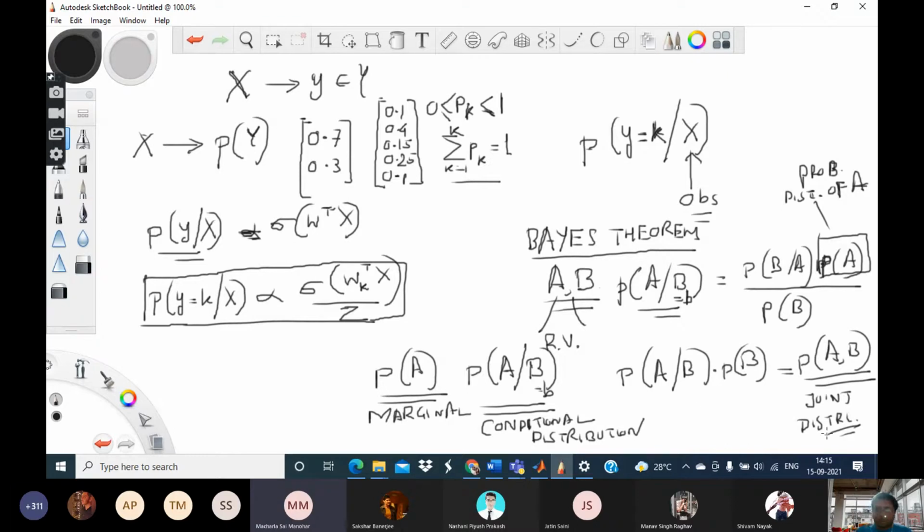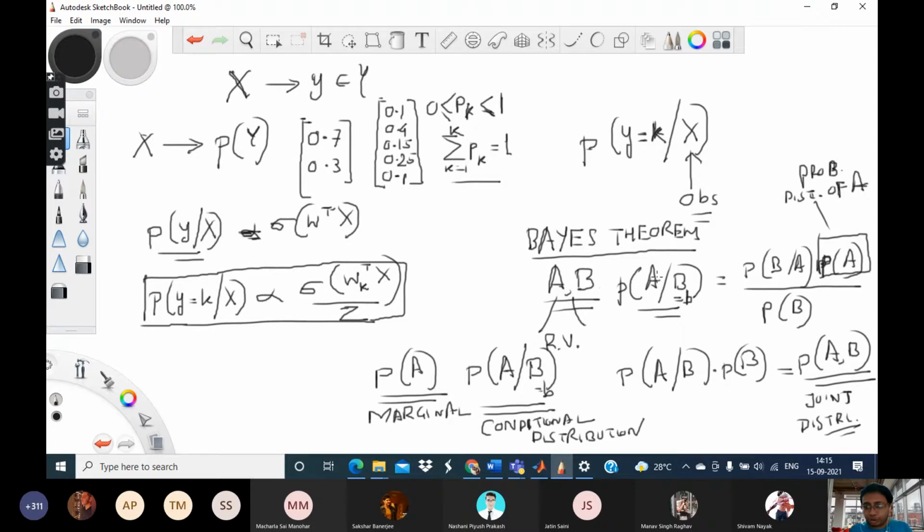So there are three kinds of distributions. One is the conditional distribution, one is the marginal distribution, and the other is the joint distribution. As of now we are not talking about joint distribution in Bayes theorem. Bayes theorem is basically giving you the relation between conditional distributions and marginal distributions.